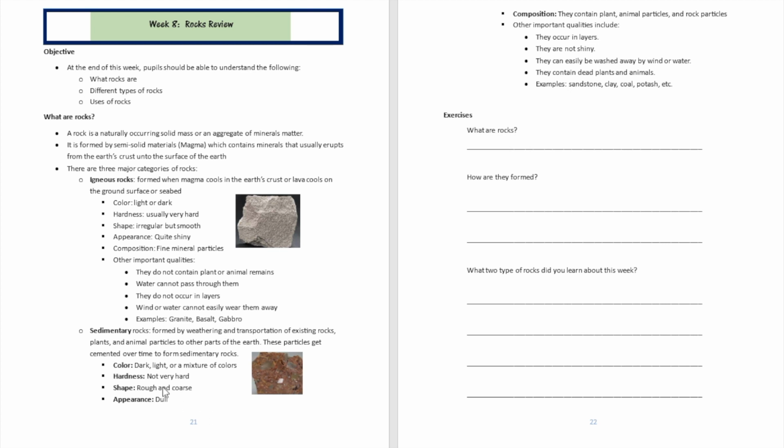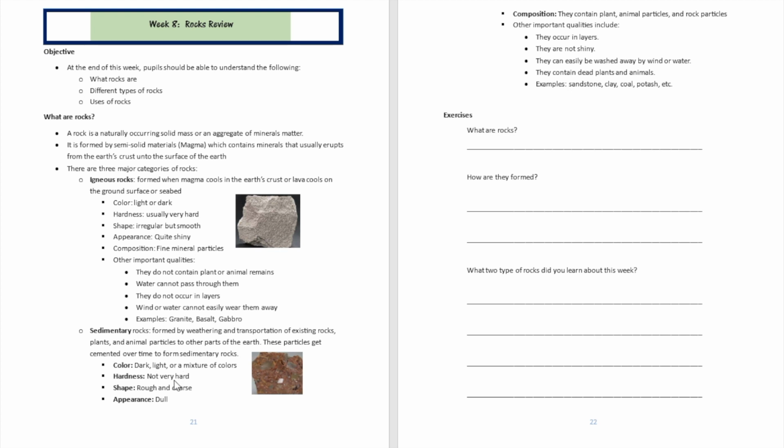Then the second type of rocks will be sedimentary rocks, which are formed by weathering or transportation of existing rocks, plants, and animal particles to other parts of the earth. These particles get cemented over time to form sedimentary rocks. Their colors are usually dark or they can contain a mixture of colors.